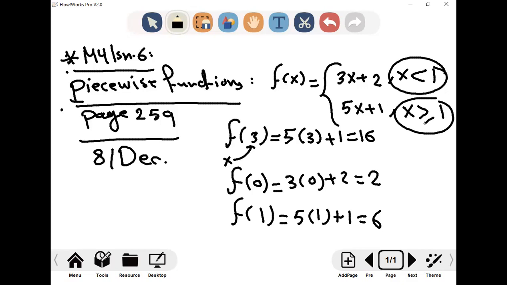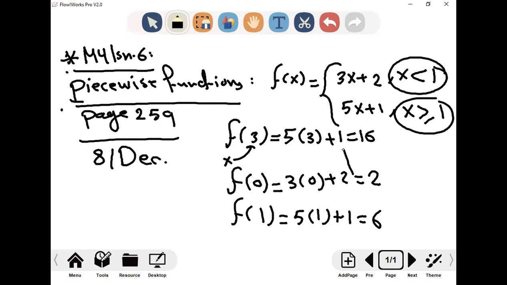So mostly on your level, the rules will be linear functions, meaning x to the power 1. Any question? Let's graph piecewise function.